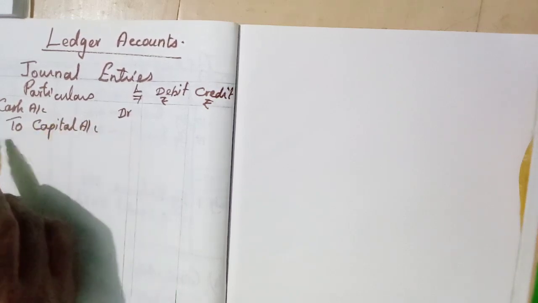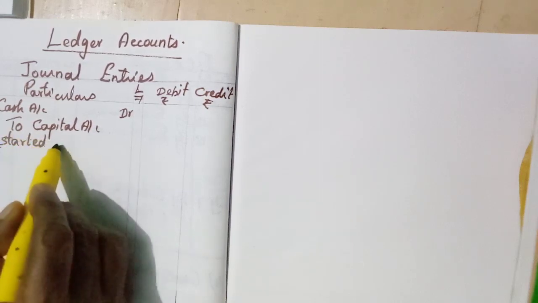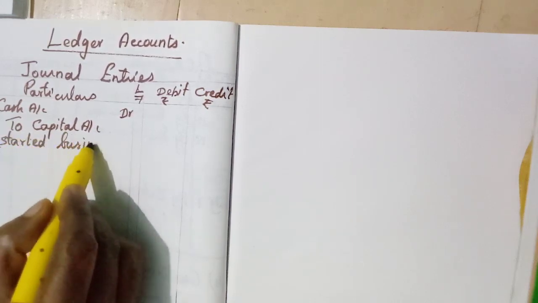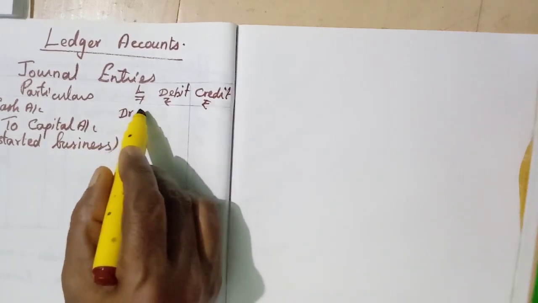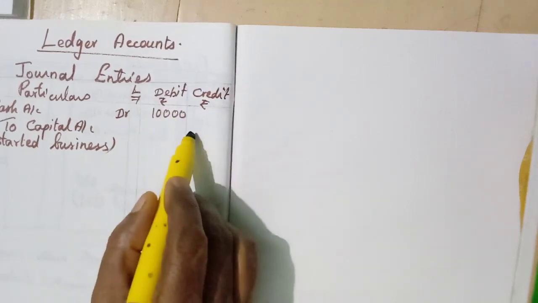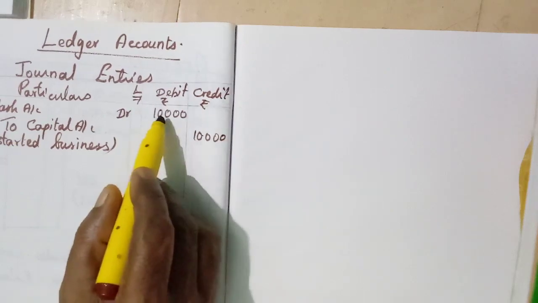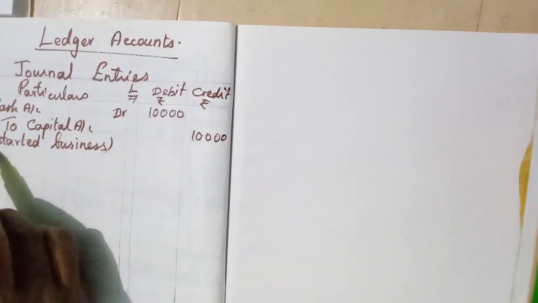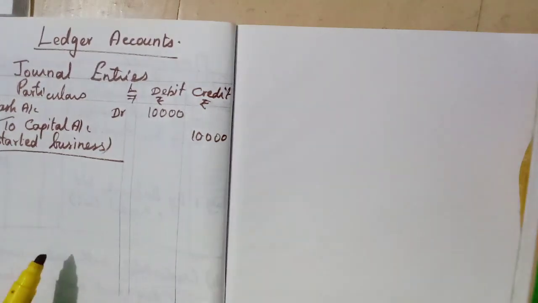Then narration, started business. Amount 10,000. Leave some space on the left side and the zeros may not touch each other. Then draw one line with scale and pencil.